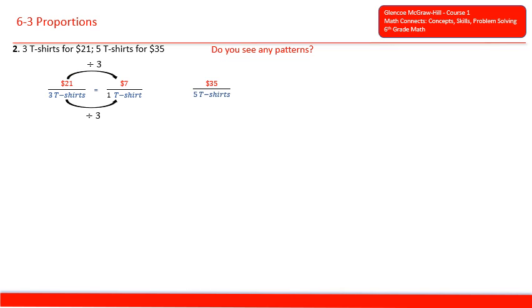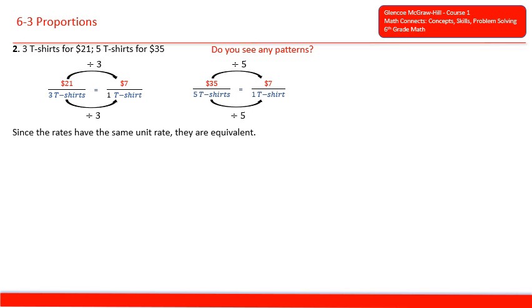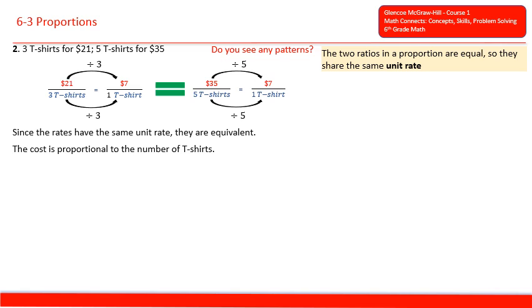Now if we look at $35 for 5 t-shirts, we need to divide 5 t-shirts by 5 to get our unit, and then $35 by 5 to find out the cost per unit. Since the rates have the same unit rate, they are equivalent. The cost is proportional to the number of t-shirts.